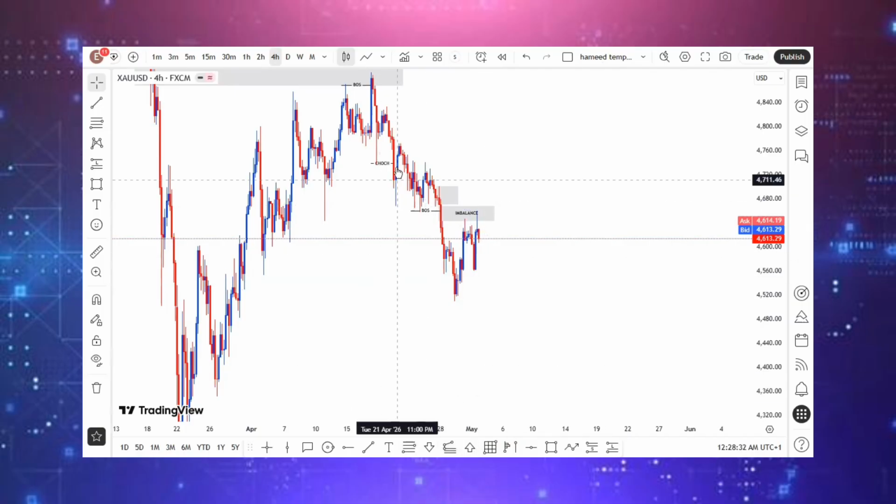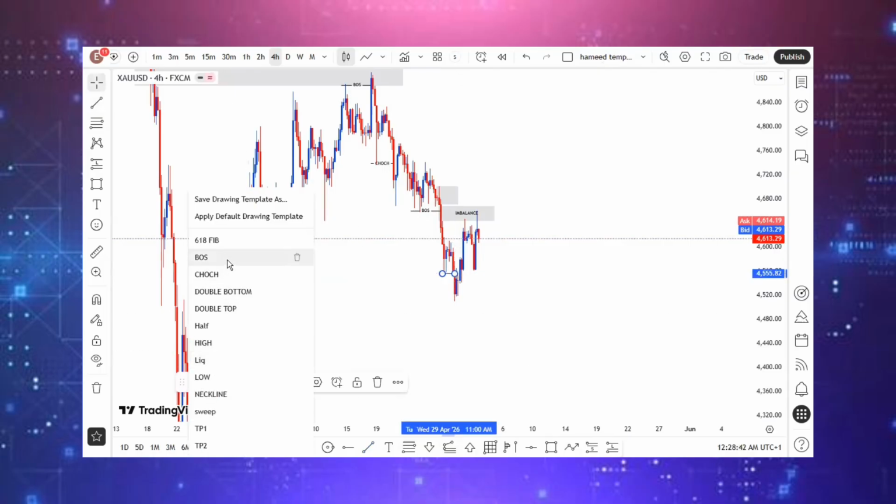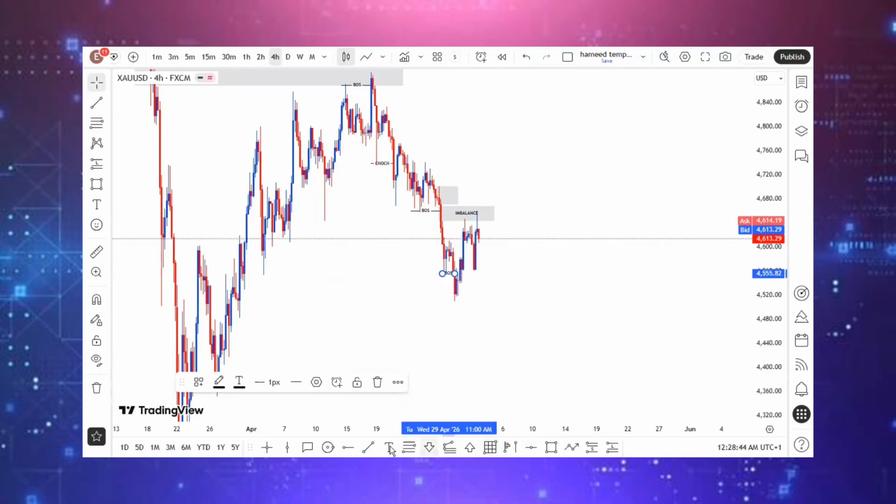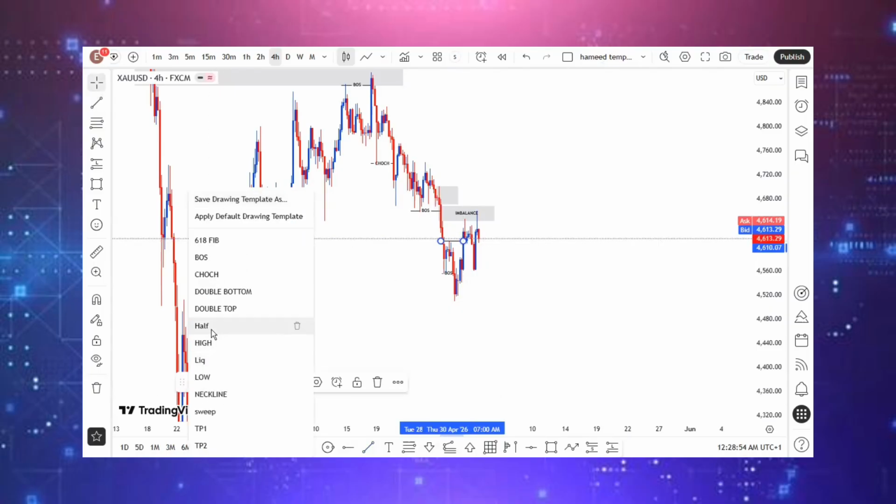But before that, you should notice this last break of structure here. The origin of the break of structure is here, which is now the change of character.